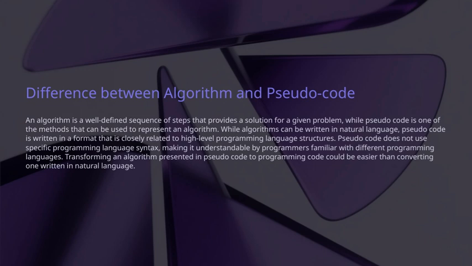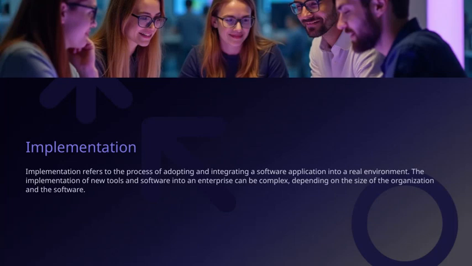Pseudocode acts as a bridge, simplifying the transition from the logical steps to the real code you write in a specific programming language. So, in summary, the algorithm is the blueprint, and pseudocode is a practical way to represent that blueprint in a format that's both understandable and adaptable across various programming contexts.